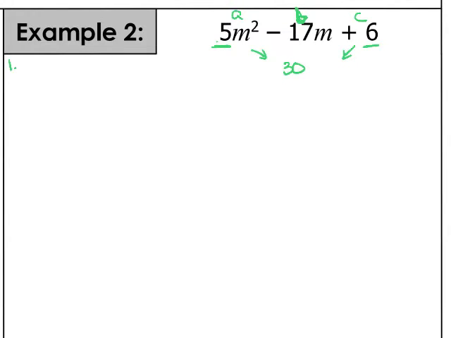So step 1, multiply your A term times your C term. Okay, so now I have my A term multiplied times my C term.